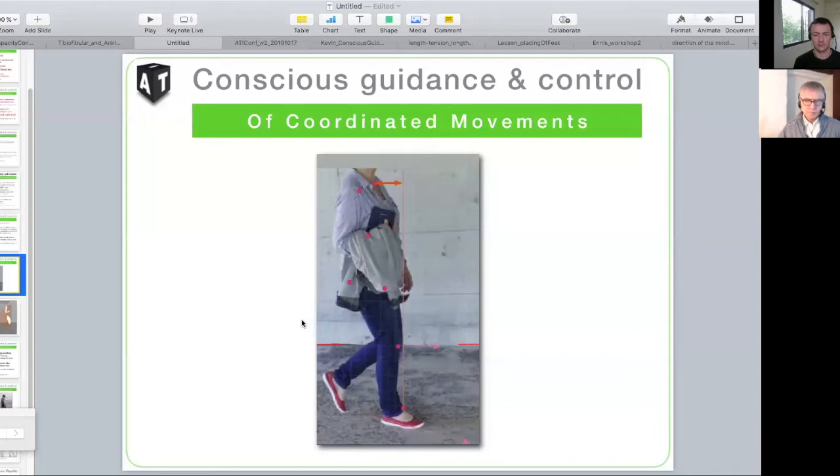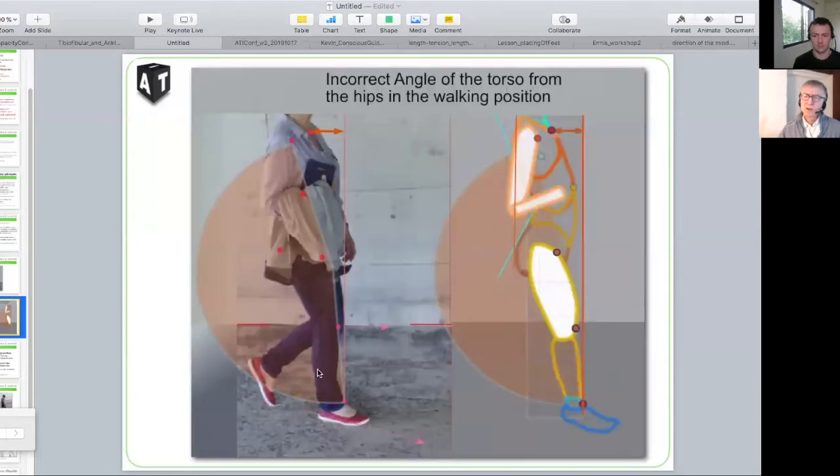So I realized that Alexander was watching people with the geometry in mind, because when you're talking about the angle between the torso and the hips, well, you're having an idea of what the anatomical structure is doing, what the person is doing with the different parts of the anatomical structure during the gesture.